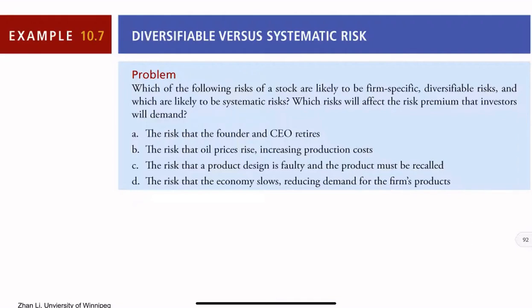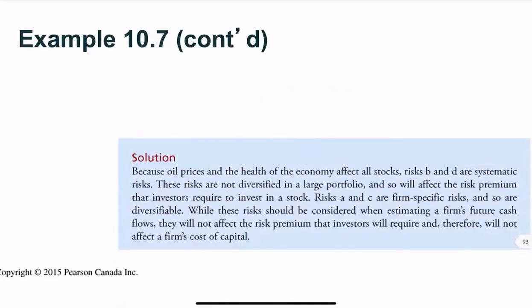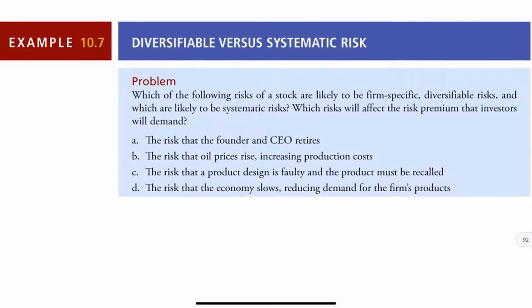We could first skip the second question. Let's just focus on the first question. The risk that the founder and CEO retires. Is this firm-specific or systematic?